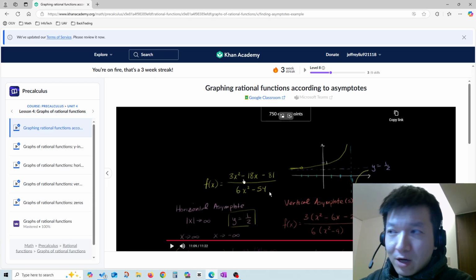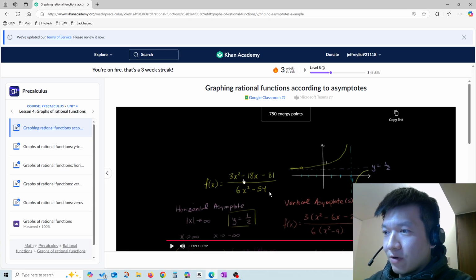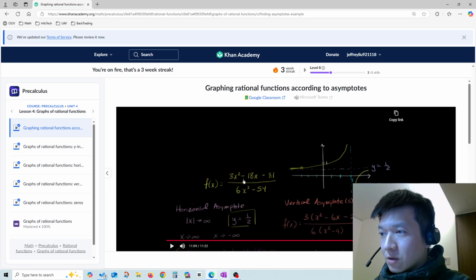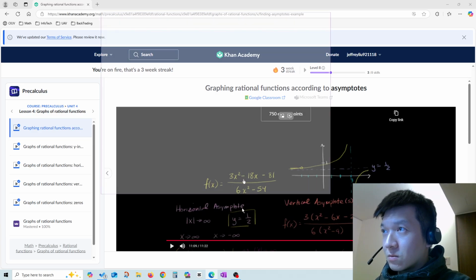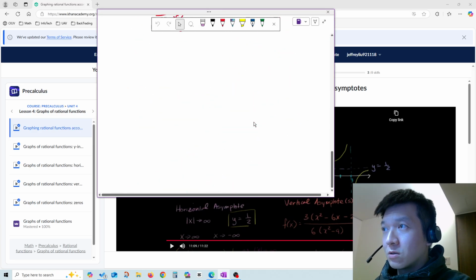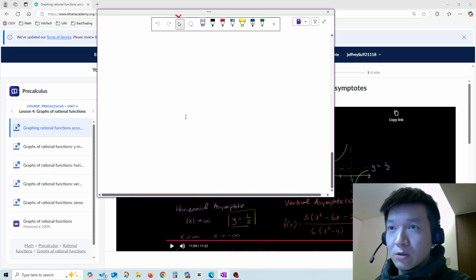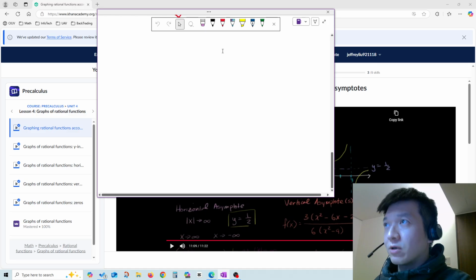You first factor it, right? So you factor it by just you have a 3 right beside it. Graphing calculator. We don't use the graphing calculator. The whole point is not to use the graphing calculator.